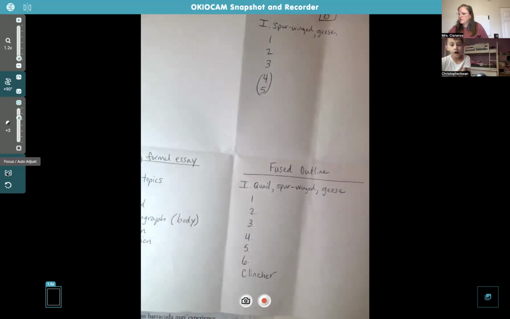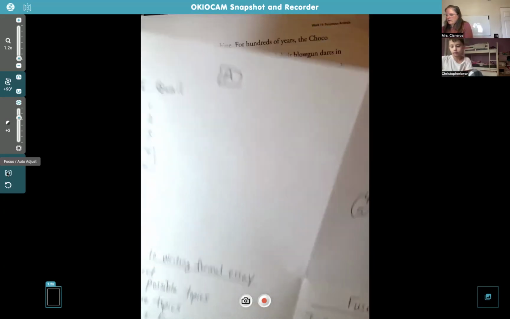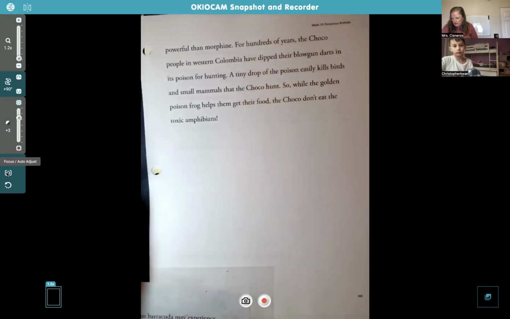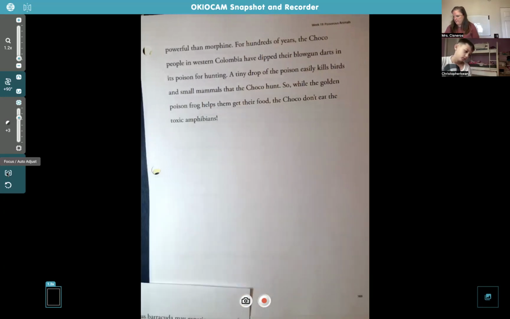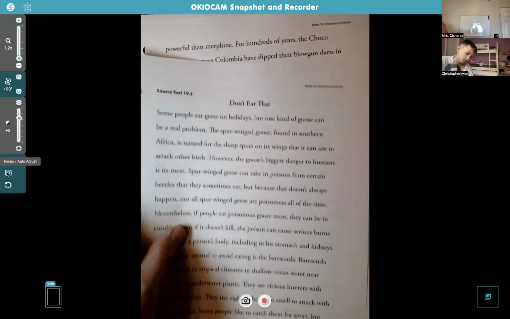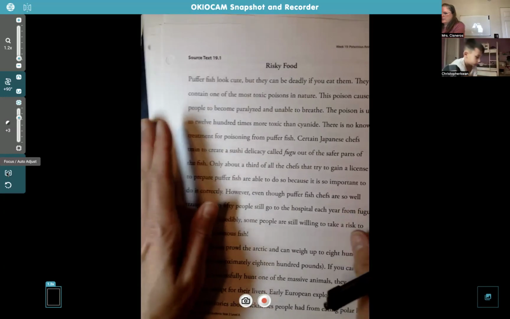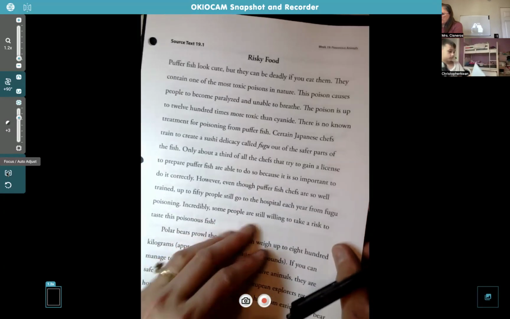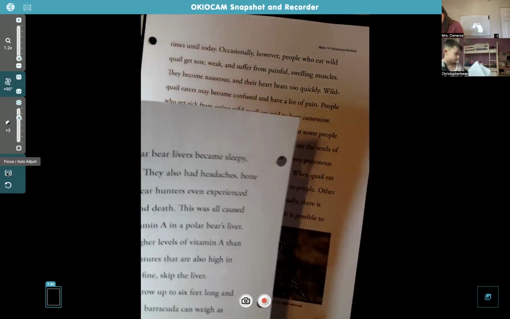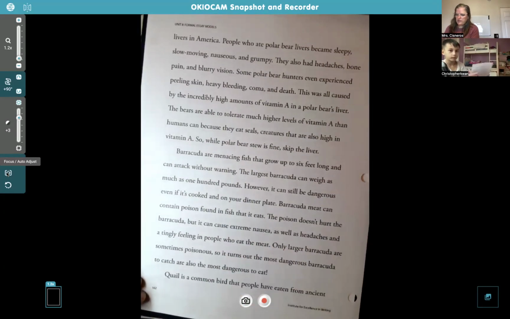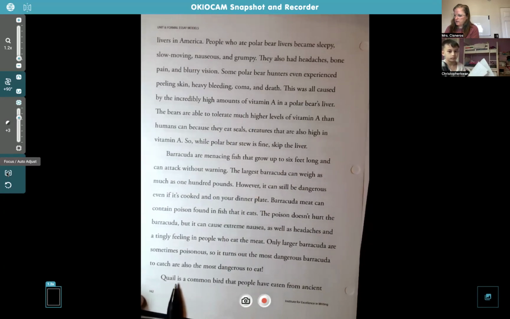Okay. So let's just look at quail first. Let's go back to that paragraph about quail. It's in A, so find article A. Here it is here. I had to erase my stuff, but here's article A, and I think it was on the very bottom of 162. It starts here.